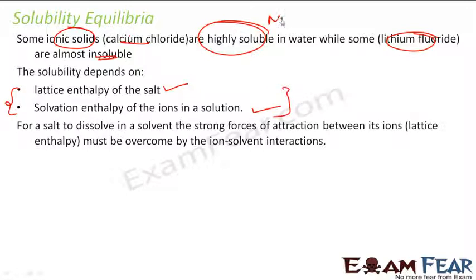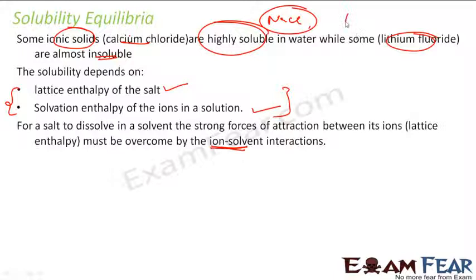For example, NaCl, the salt, dissolves easily in water. Lithium fluoride doesn't dissolve in water. For this to dissolve in water, the strong force of attraction between Na and Cl, or calcium chloride, has to be overcome by ion-solvent interaction.